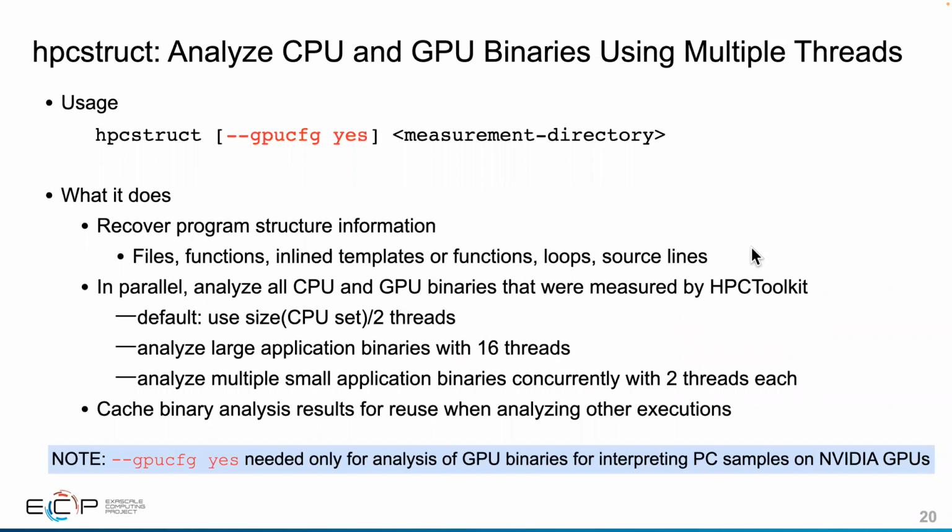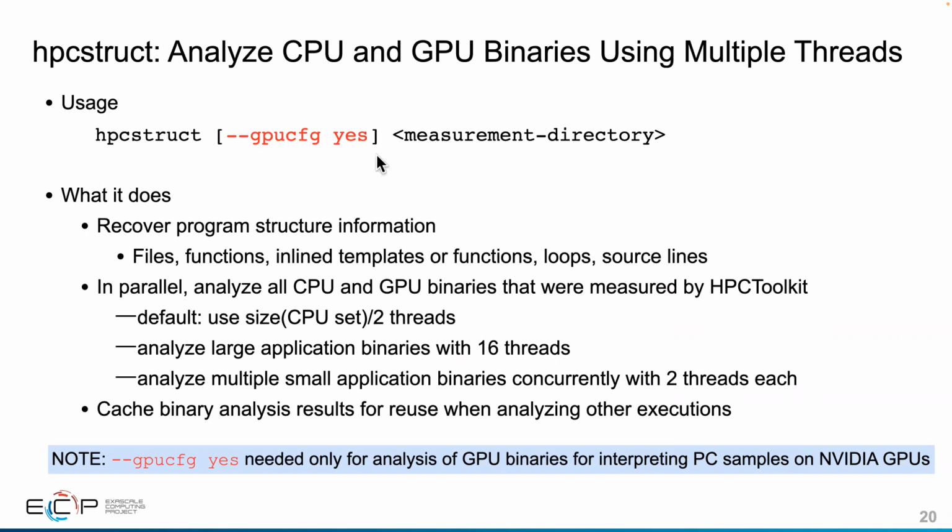To use HPCStruct, when you measure an application with HPCRun it records a directory of measurement data. When we want to analyze all of the binaries associated with an execution, we just invoke HPCStruct on the measurement directory.